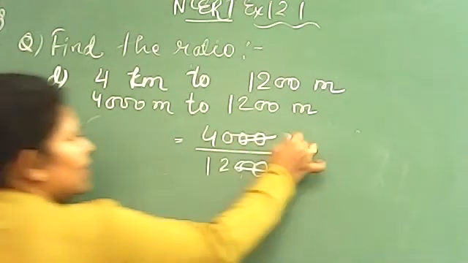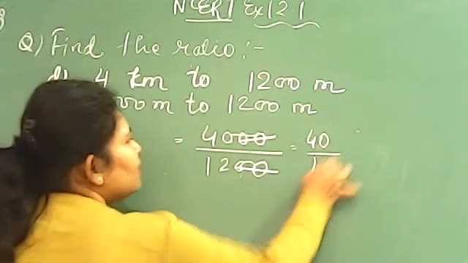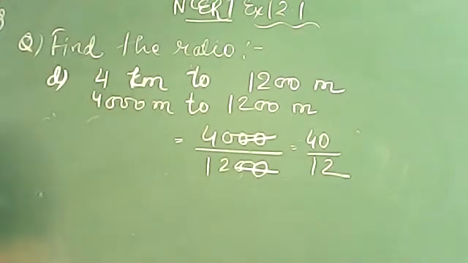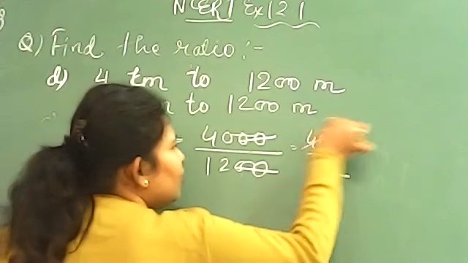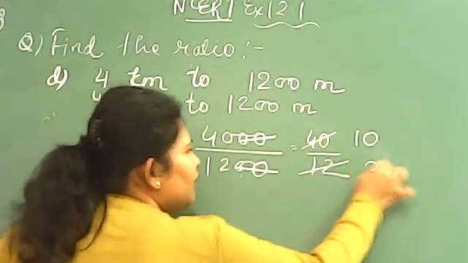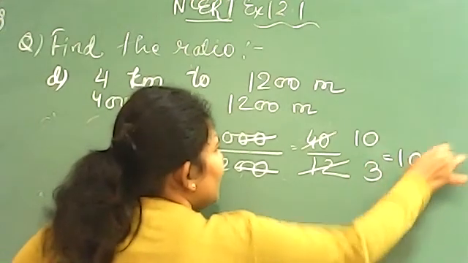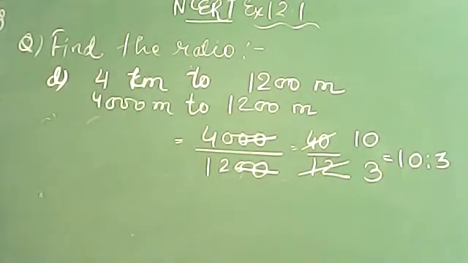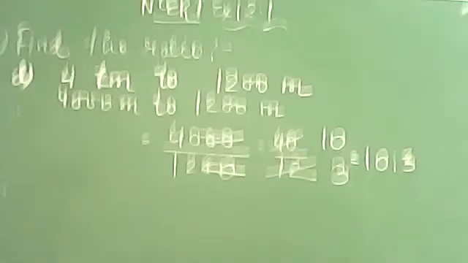What is the number left now? 40 and 12. Now you know that the table of 4 can cover it. 4 tens are 40 and 4 threes are 12. Now the complete answer would be 10:3.